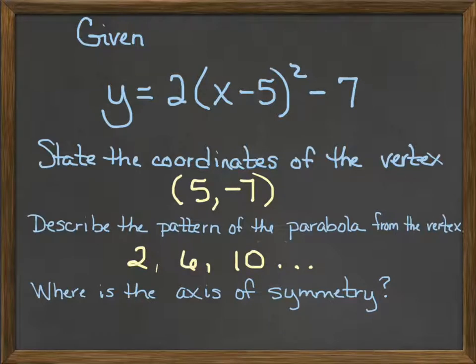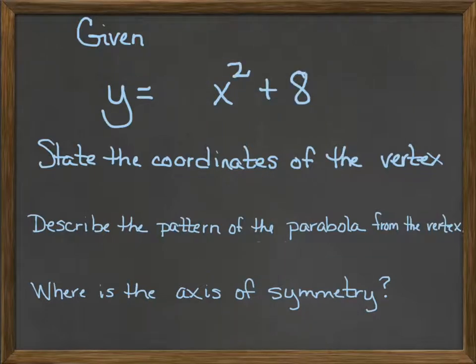What that means is, starting at the vertex, you're going to go over 1 and up 2. From that point, you're going to go over 1 and up 6. From that point, you're going to go over 1 and up 10. And of course, a parabola is symmetrical, so they have reflection points across the axis of symmetry, which is at x equals 5.